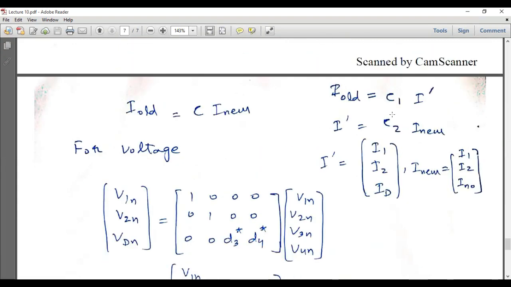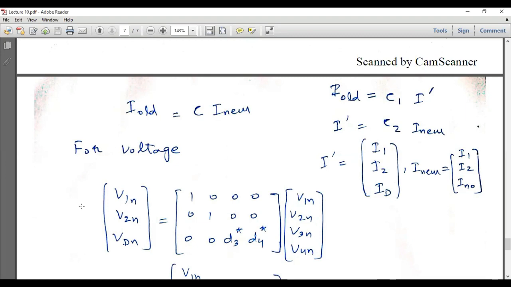So we can see I old is equal to C1, and instead of I dash, we can write C2 times I new. So I old is equal to C1 C2 I new, and C1 C2 is equal to C. So I old is equal to C times I new, which is written over here.